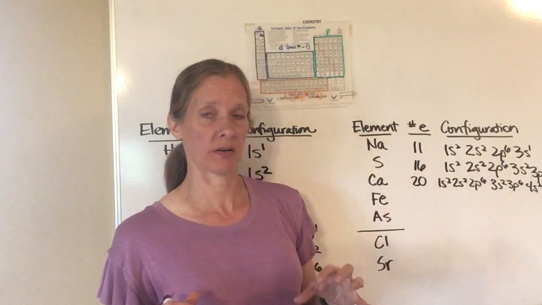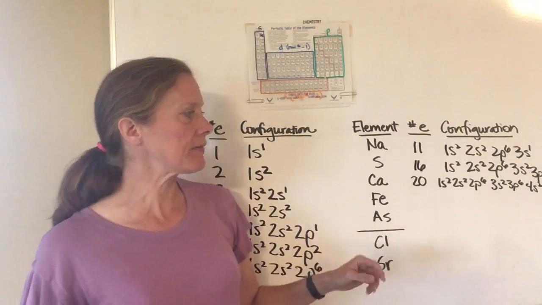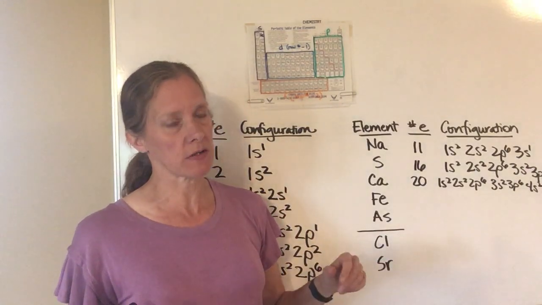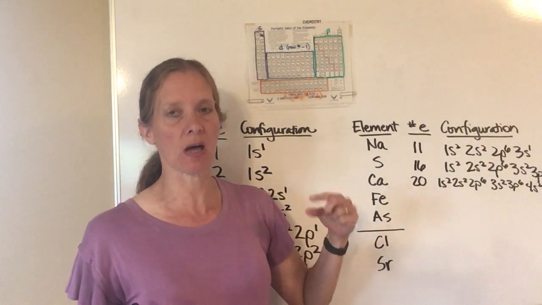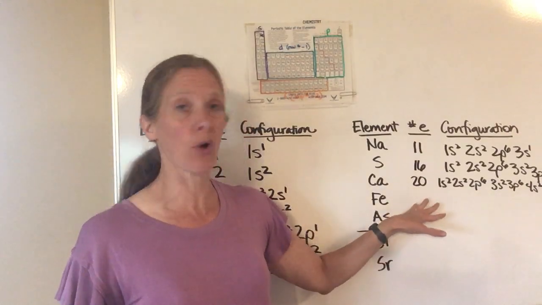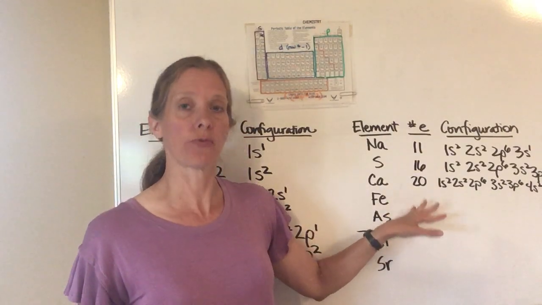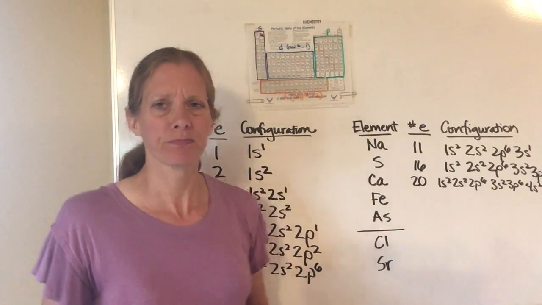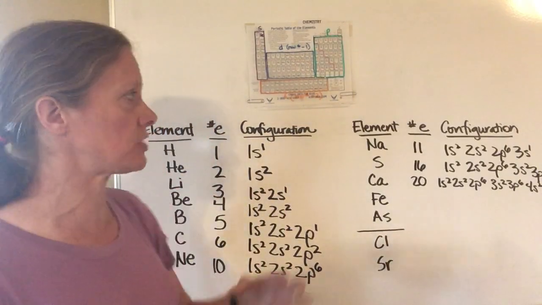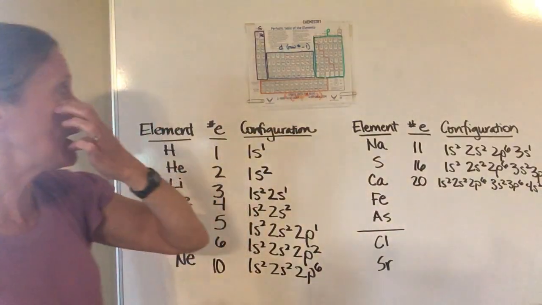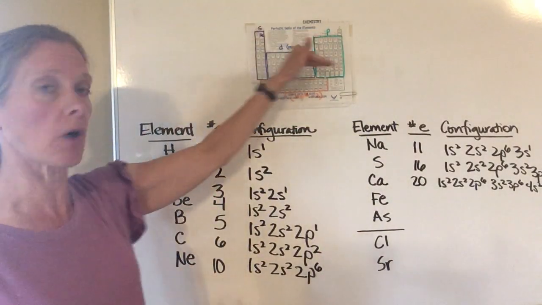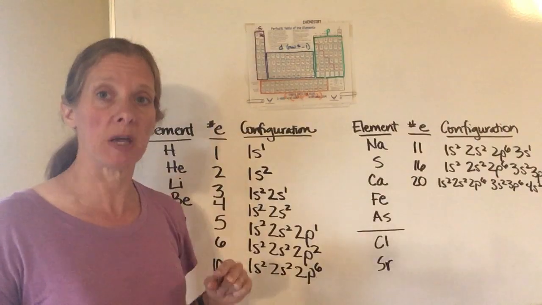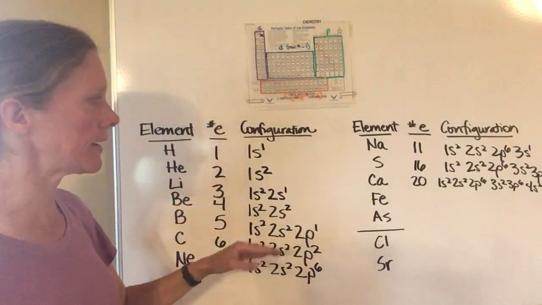Well, the trick to all of this is that even though the D orbital is technically on the third energy level, it's actually got a higher energy than the 4s orbital does. And so the 4s orbital fills before the 3d orbital. And I know that sounds really confusing, but what you have to keep in mind is that as long as you're reading your way across the periodic table, you're going to be able to get it in the right order. Okay?